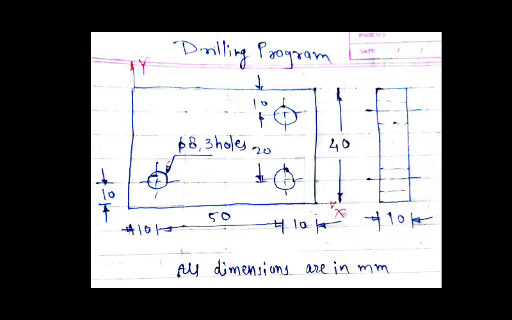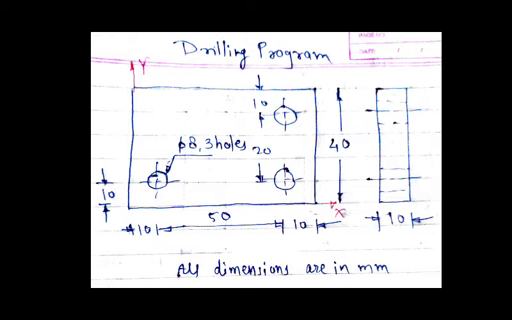In NC machine, it requires more time for the execution of the job, and in CNC machine it takes very less time for the execution of the job. Okay, because whenever there is an idle cut, we move the tool rapidly, so the time required for the tool movement is less.